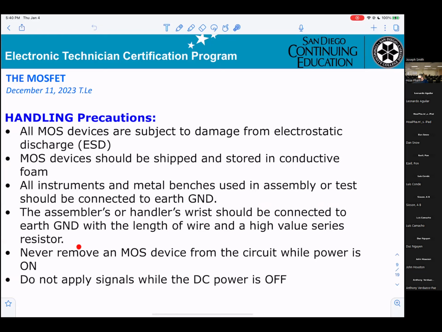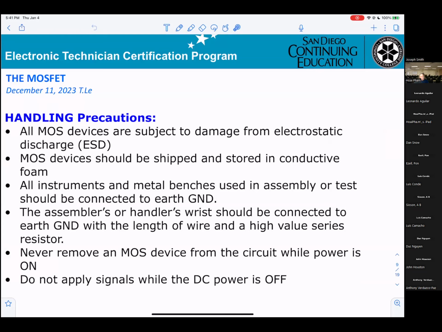Never remove a MOSFET device from the circuit while power is on. You must memorize that. Okay? In an interview they can ask you. You cannot remove the MOSFET device while power is still on.